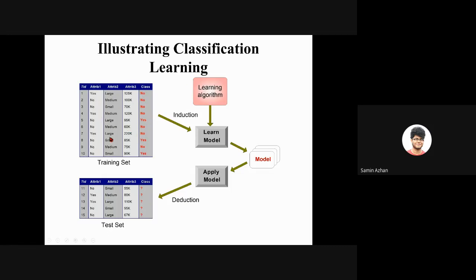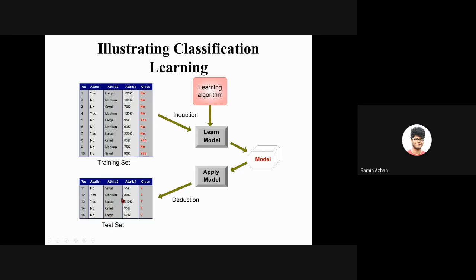After feeding this data to train our model, you see that the arrow says induction, learning model. We have to choose a learning algorithm, and after this process is complete, we will have our learned model. This model learned from this data set and now is trying to predict something that we don't know.